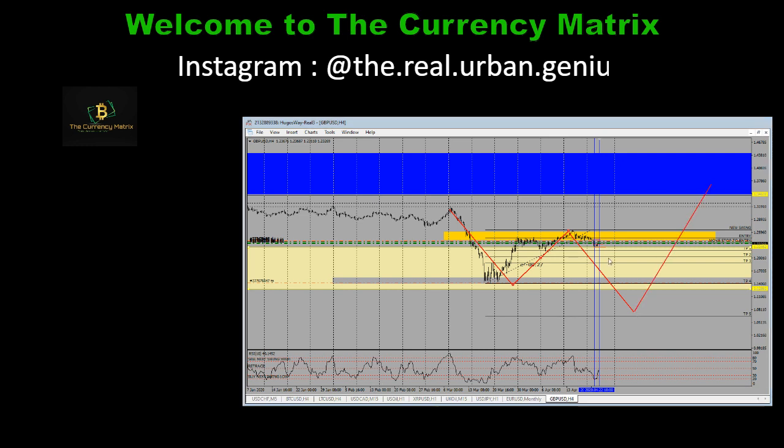This will be the W. So based on the technical analysis that I've done here, I see the market playing out in this fashion.